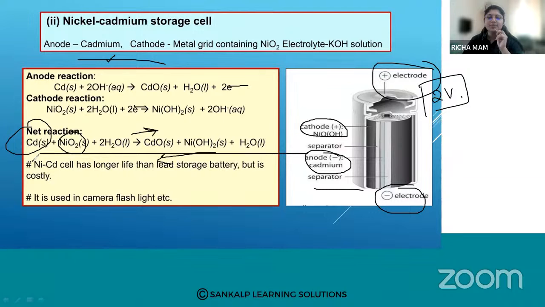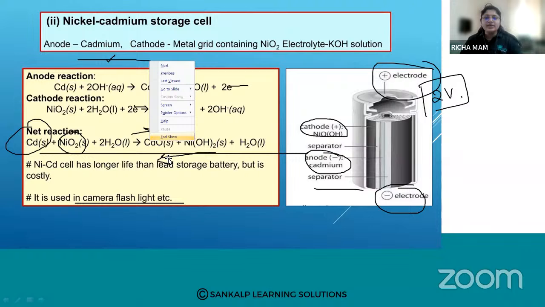Again, when you are charging, the anode and the metal grid of nickel oxide will be obtained back. So when discharging, you get cadmium oxide and nickel hydroxide. Where are these nickel cadmium cells used? They are used in camera flashlights. In the camera's flashlight, we are making use of the nickel cadmium cell.